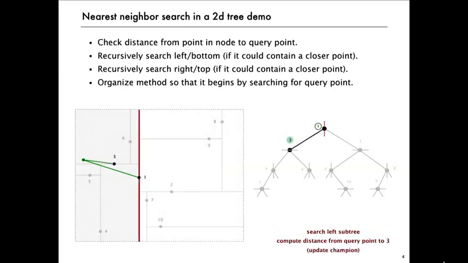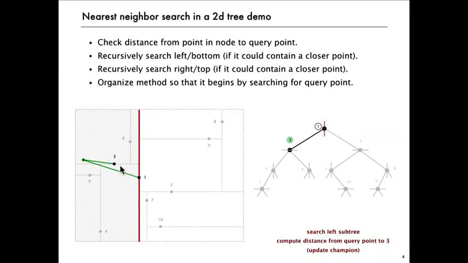So in that case, now we go to root node, point 3, and compute the distance of that point to the query point. It's closer, so we update 3 to be our new champion. And now we're only going to look in parts of the tree that could give us a point that's closer to our query point than 3.